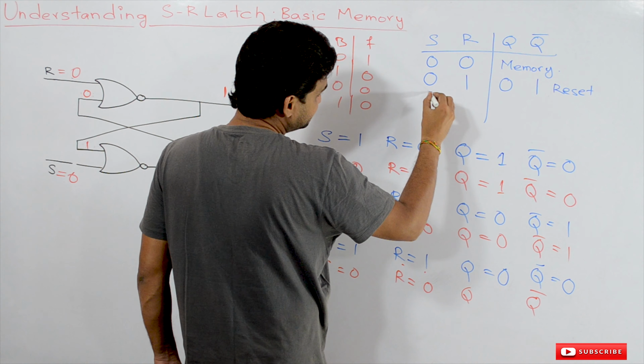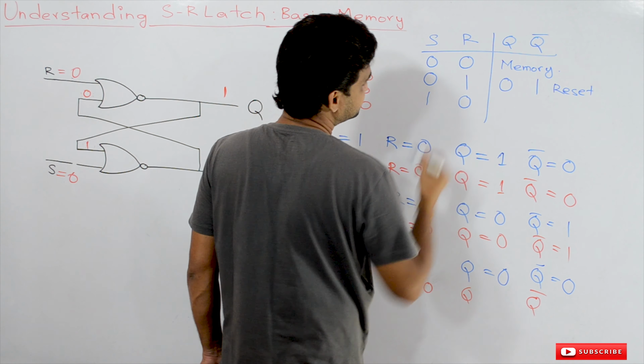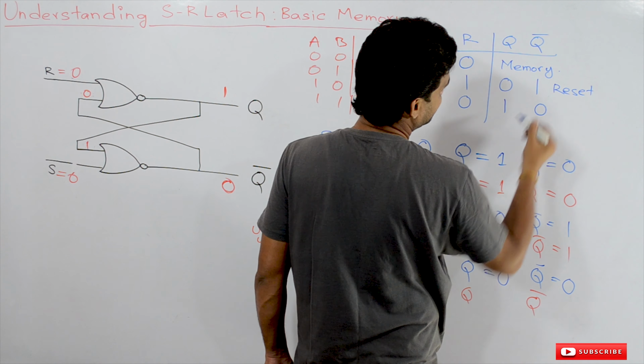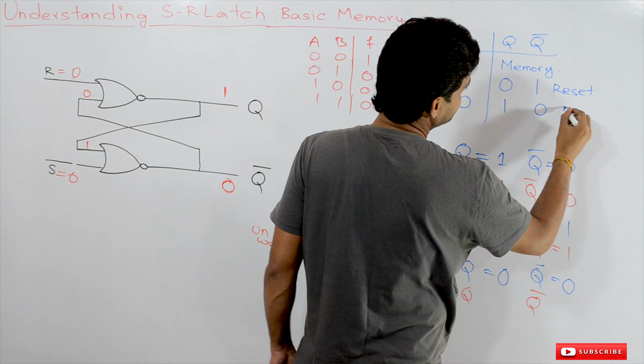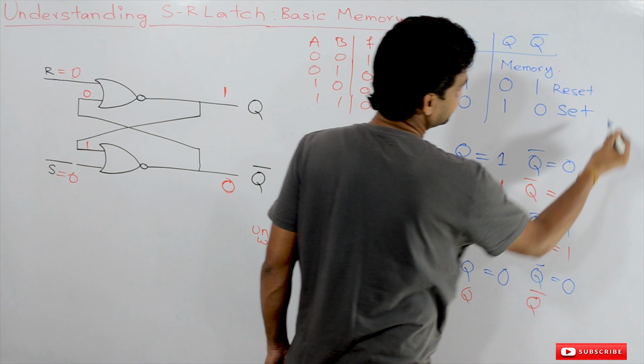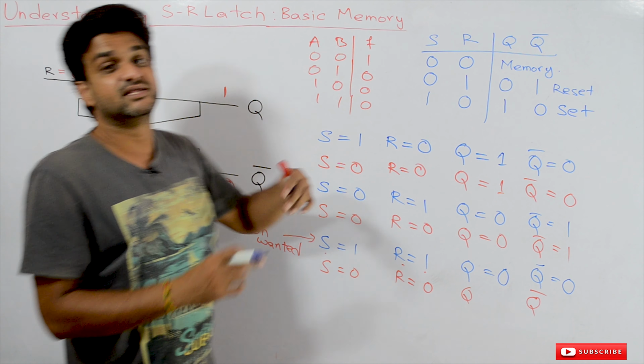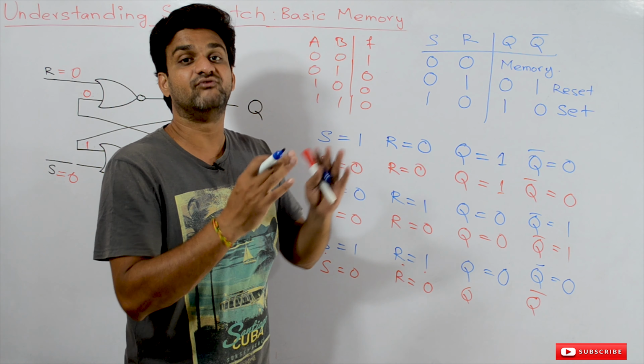And whenever the value of S is equal to 1 and R is equal to 0, the value of Q becomes 1 and Q bar will be 0. This is what we call setting the circuit, setting the memory, changing the memory to 1. Whatever the previous values at Q and Q complement, the circuit will be set to 1.